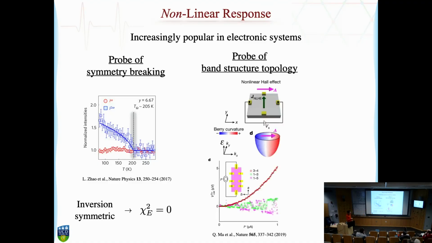Or recently, nonlinear Hall coefficients have been used to probe band structure topology, so more complex structures of the band structure. There's a lot of people interested in looking at nonlinear response, in transport or in other areas and beyond, or in noise, for example. So beyond spectroscopy, but I'm going to stick with spectroscopy.